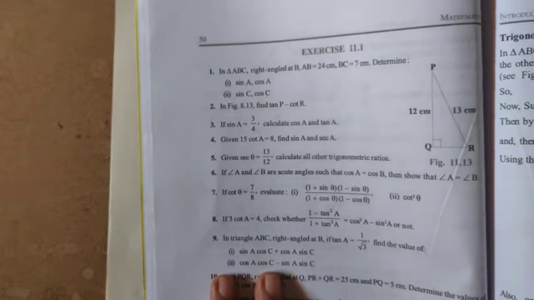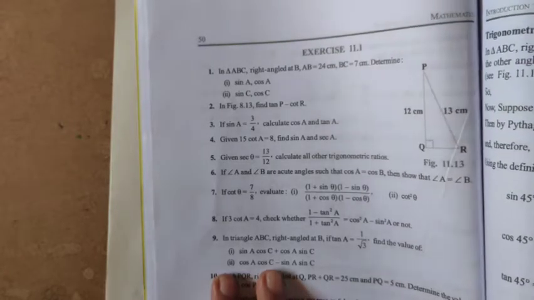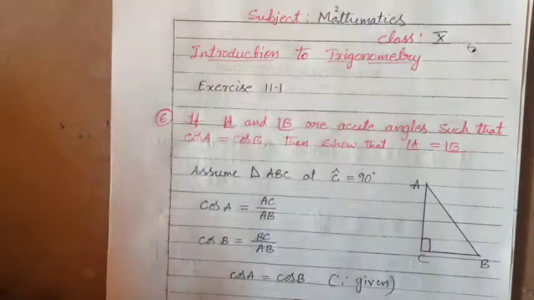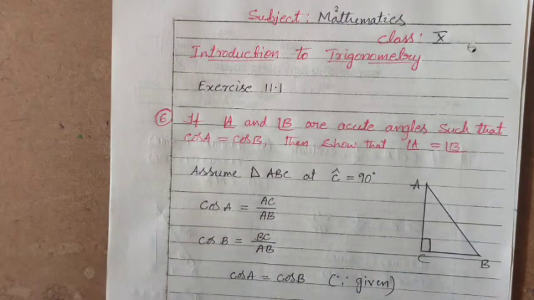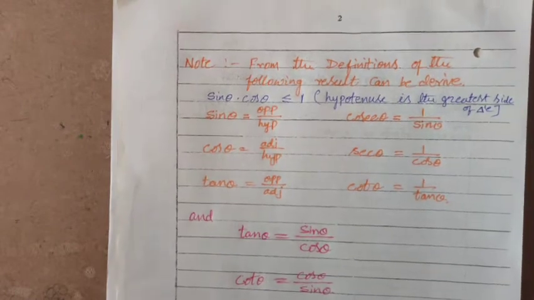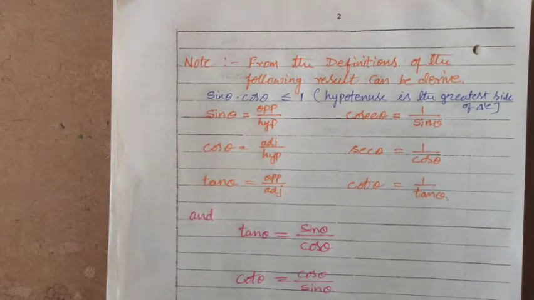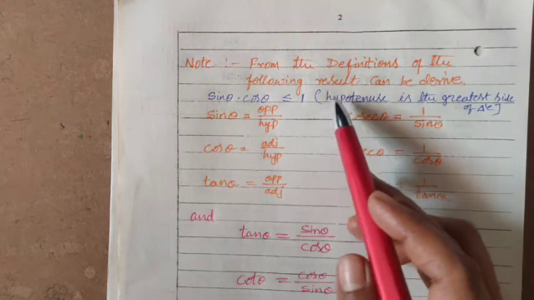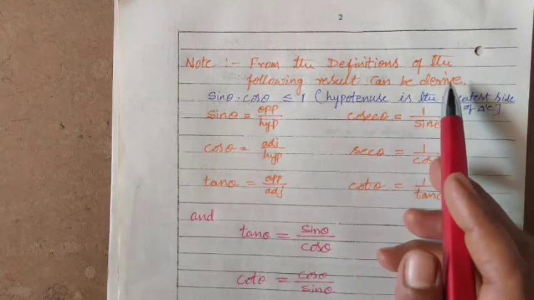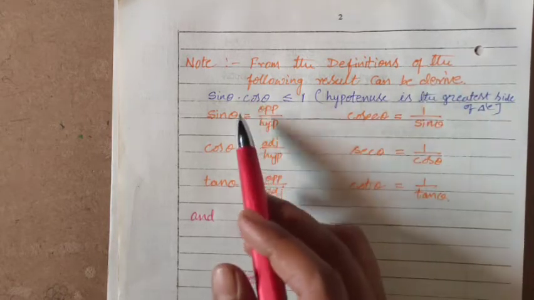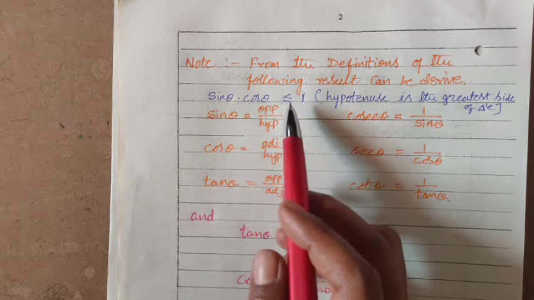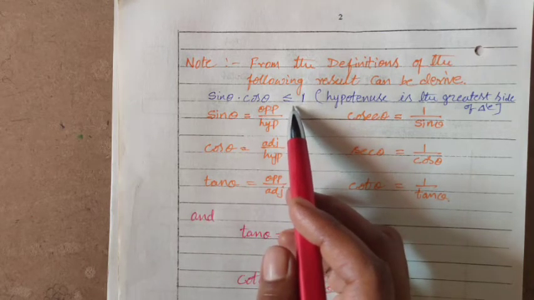Okay students, before going to this question, let us recall what we learnt in yesterday's class. In yesterday's class we learnt about some trigonometric ratios. From the definitions, the following result can be derived: sin theta and cos theta are less than or equal to 1.